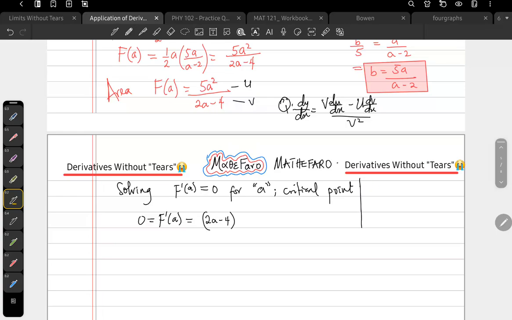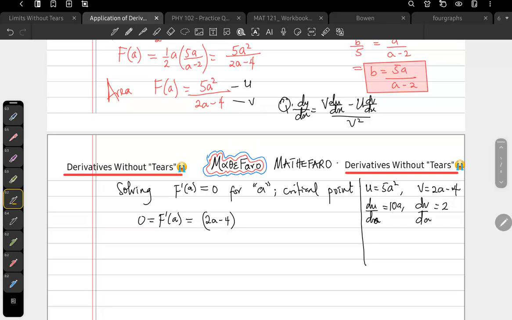So maybe I should write things down. u equals 5a squared, v equals 2a minus 4. In this case, we cannot say du/dx, so we can only say du/da. So du/da here is 10a, and dv/da is 2.